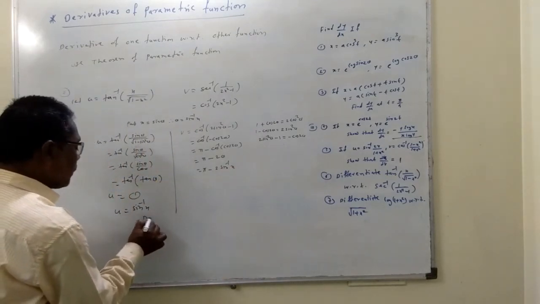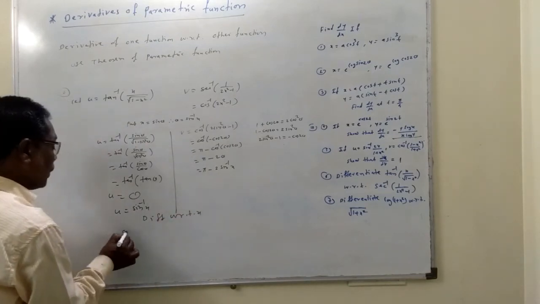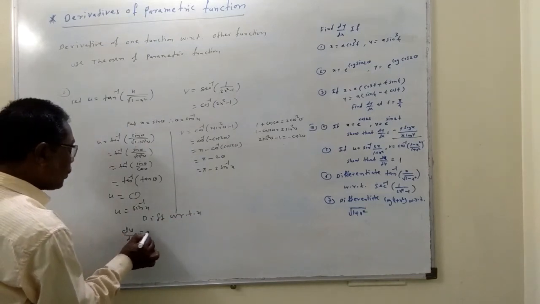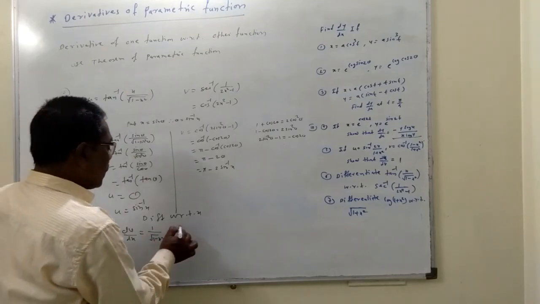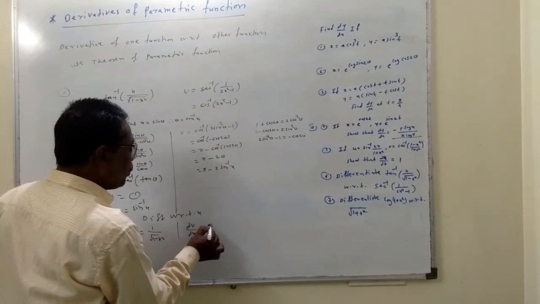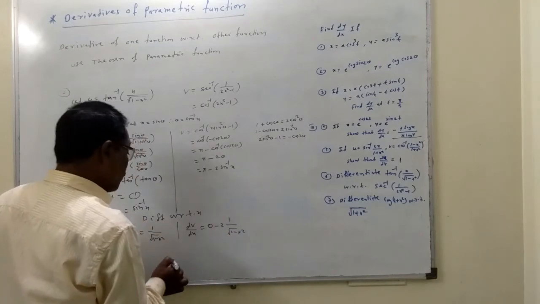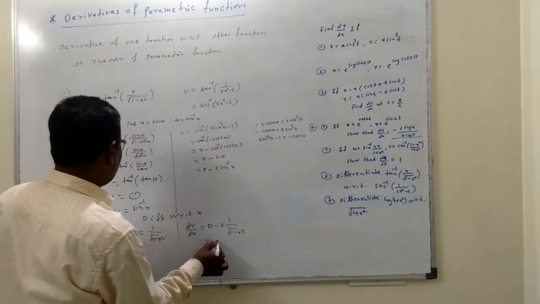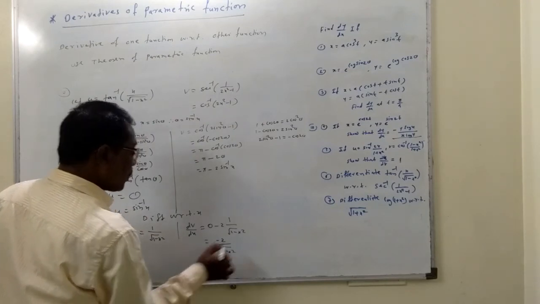Now differentiate with respect to x. So du upon dx is equal to 1 upon under root 1 minus x square, and dv upon dx is equal to 0 minus 2 times 1 upon under root 1 minus x square, so minus 2 divided by root of 1 minus x square.